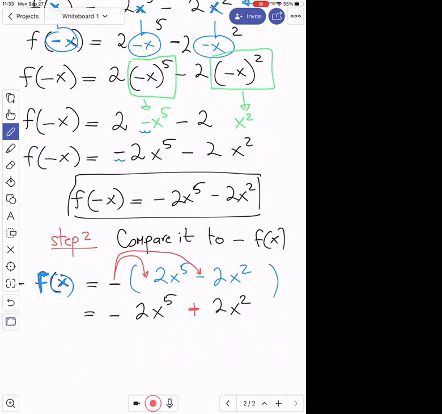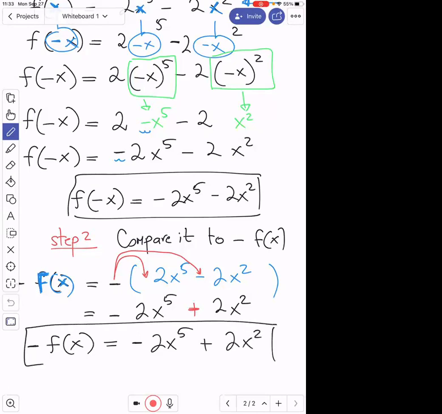So minus f of x is minus 2x^5 plus 2x squared. We need to compare this to the f of minus x, the answer from the first step. So this is f of minus x, and this is my minus f of x. So the question is, are they equal? Bayesian, you're saying, why did you move the x as the minus?